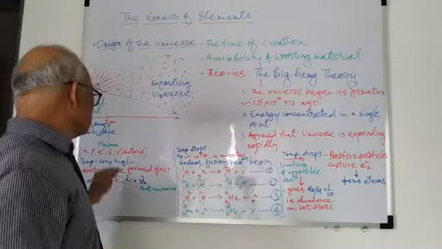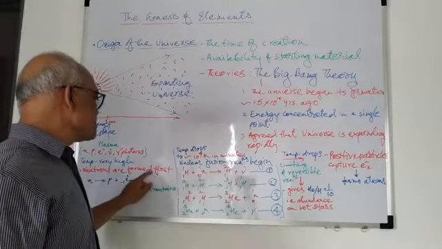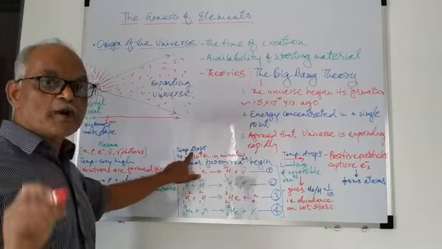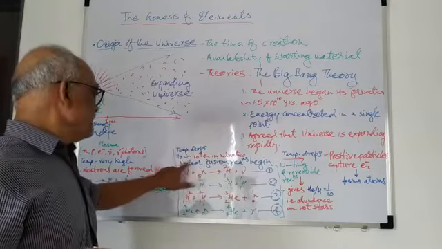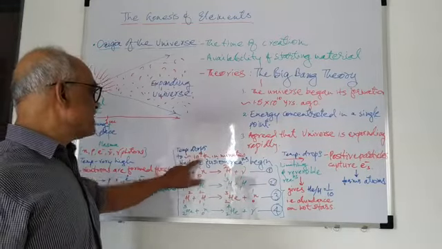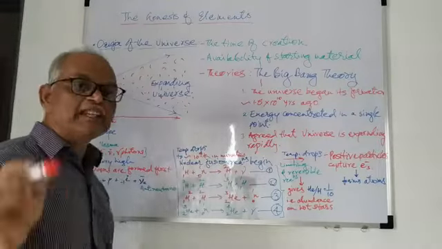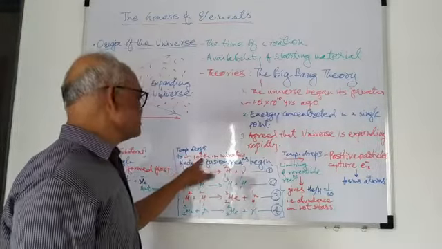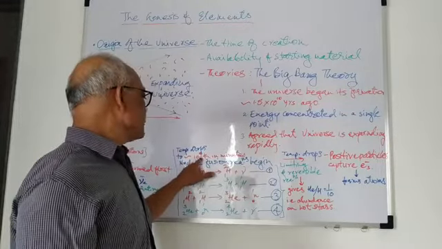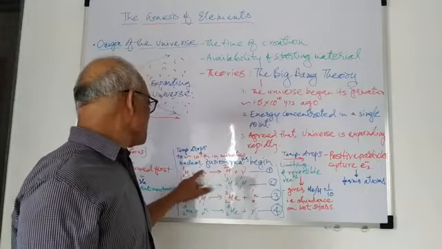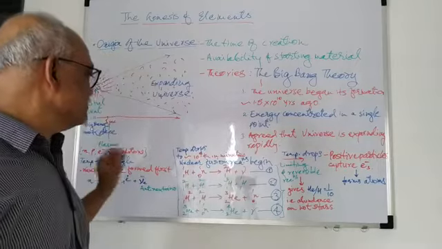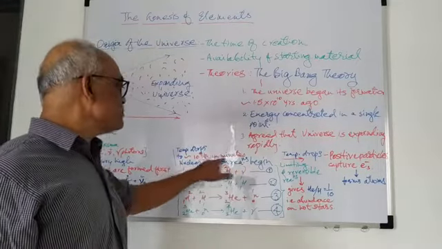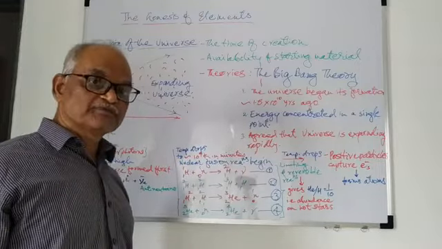After formation of these initial particles, the temperature of the universe drops and within minutes it reaches about 10 raised to 9 Kelvin. At this temperature, the nuclear fusion reactions begin.